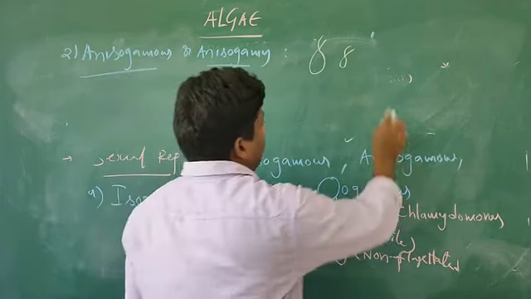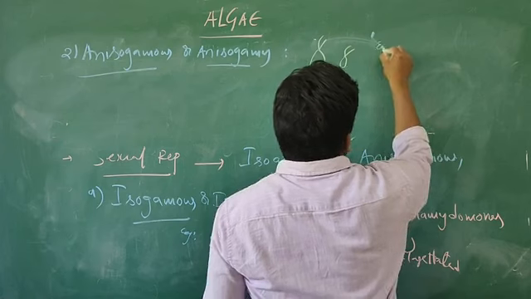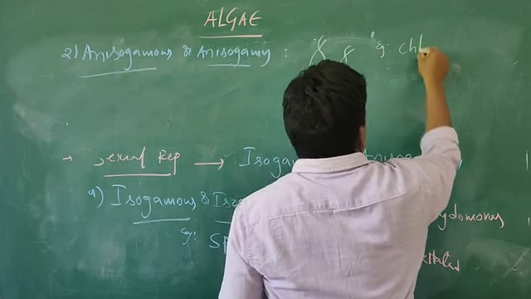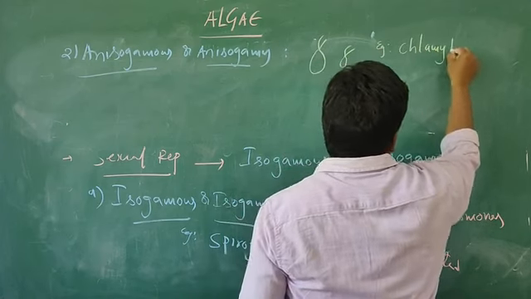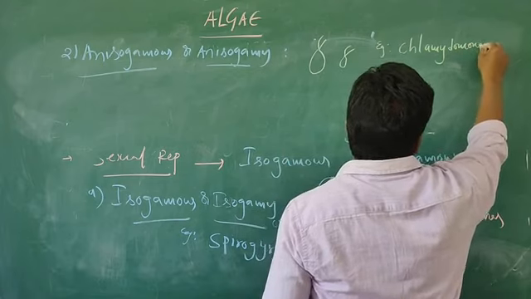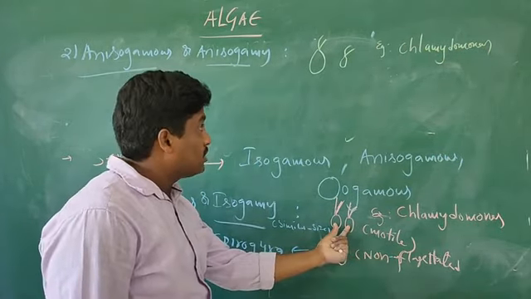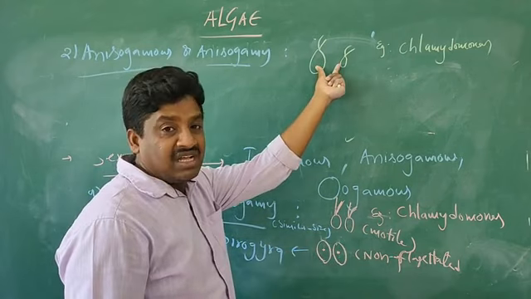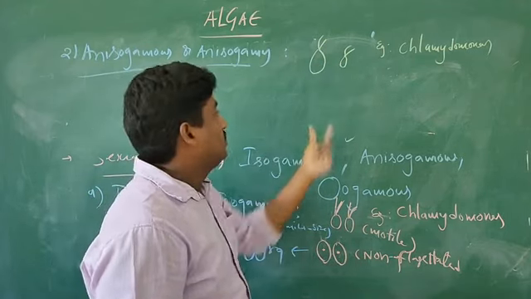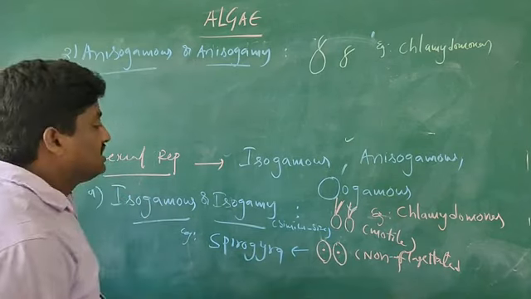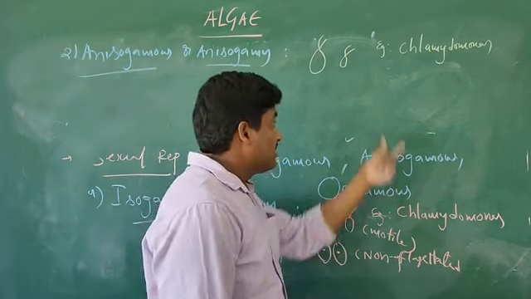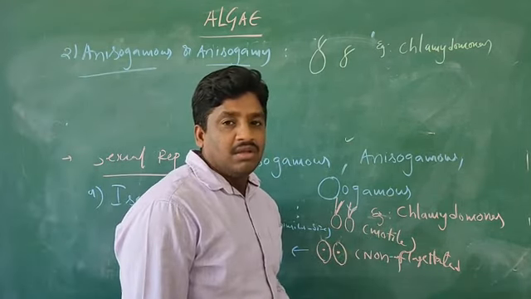Here example, Chlamydomonas will come. Actually in Chlamydomonas, the isogamy type with same size is present and dissimilar size is also present. Both. That's why they are confused. How is it possible?